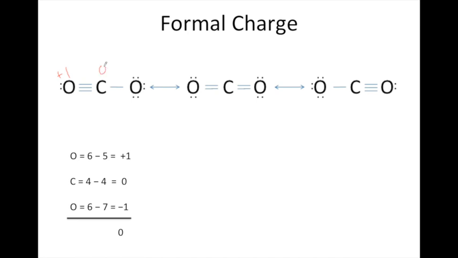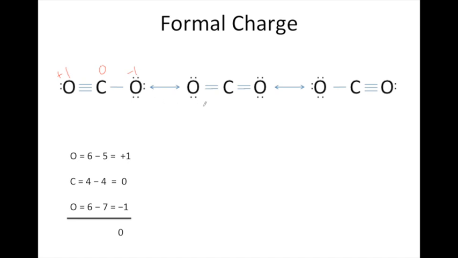So the carbon has a 0 formal charge. Our other oxygen has, again, 6 valence electrons, and this oxygen owns 1, 2, 3, 4, 5, 6 from the lone pairs, and 1 from the bonding pair, so a total of 7. 6 minus 7, this oxygen has a -1 formal charge.